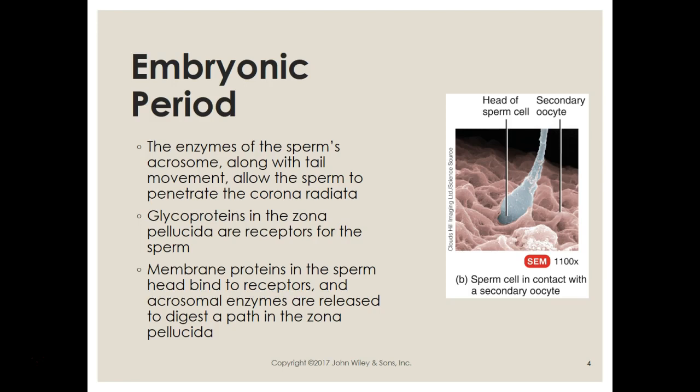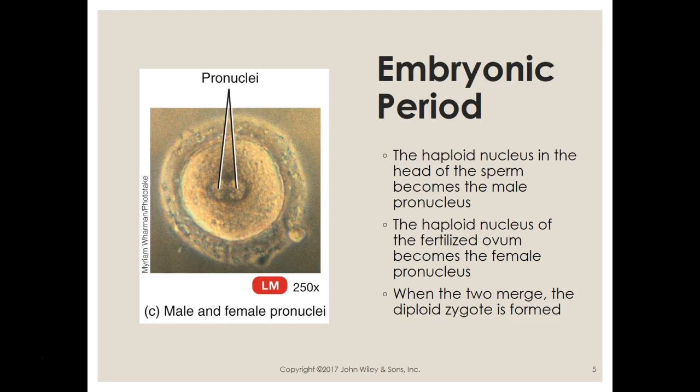That then is going to stimulate exocytosis of these secretory vesicles from the oocyte, and the molecules that are released by this exocytosis inactivate the sperm cell receptors, right? So the sperm cells can't bind to the zona pellucida anymore, and it also causes the zona pellucida to harden. So no more sperm cells can get in.